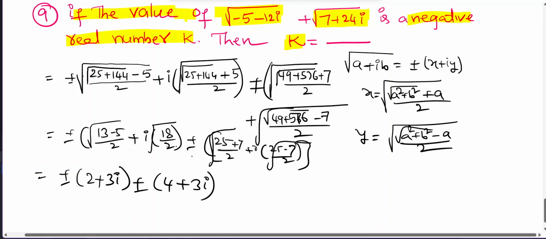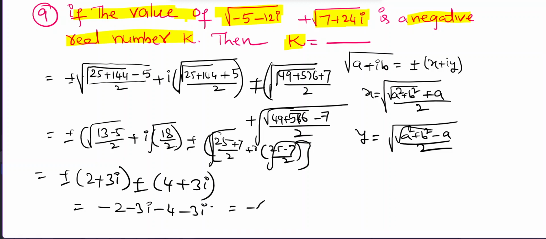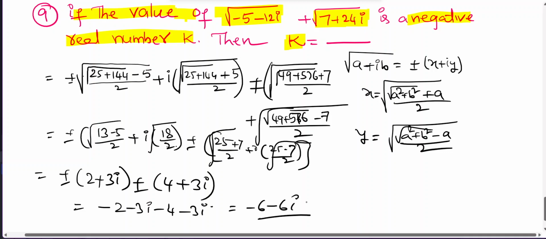Here the value is given as a negative real number. So take the negative values for all, that is minus 2 minus 3i minus 4 minus 3i, so that is equal to minus 6 minus 6i.